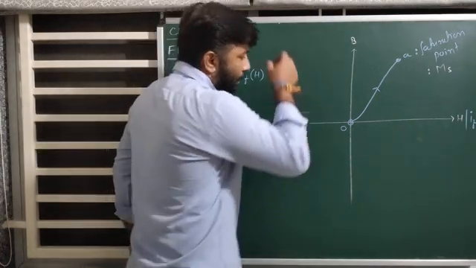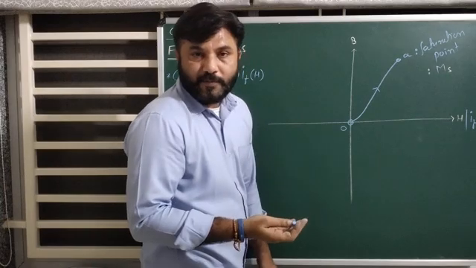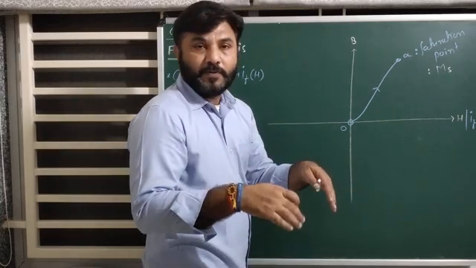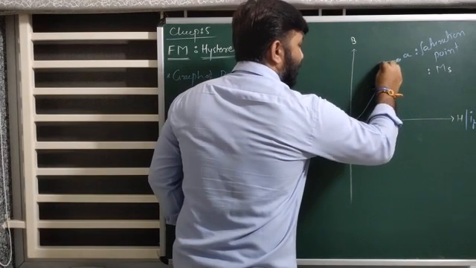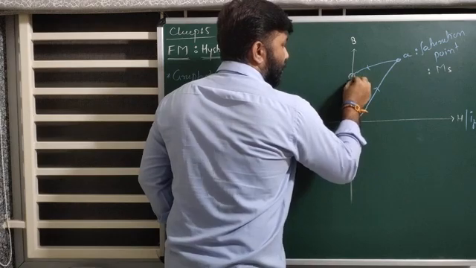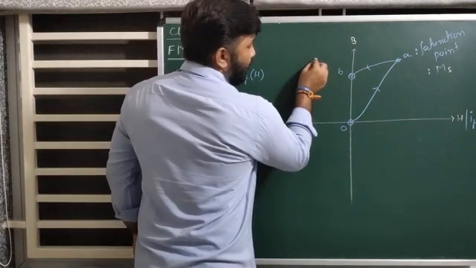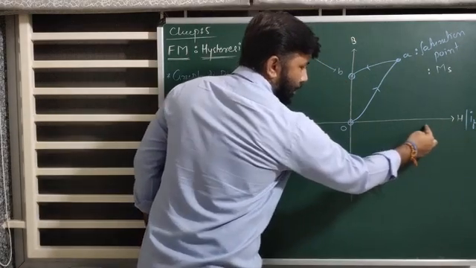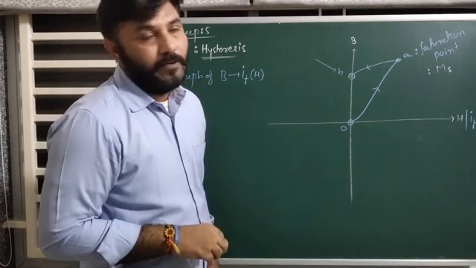Now what to do? You have to decrease the electric current. After the saturation point, there is only one option: decrease the electric current. So when we decrease the electric current, at that point you will get point B. Check out this point. Here the electric current becomes 0, but the magnetic field is not 0.